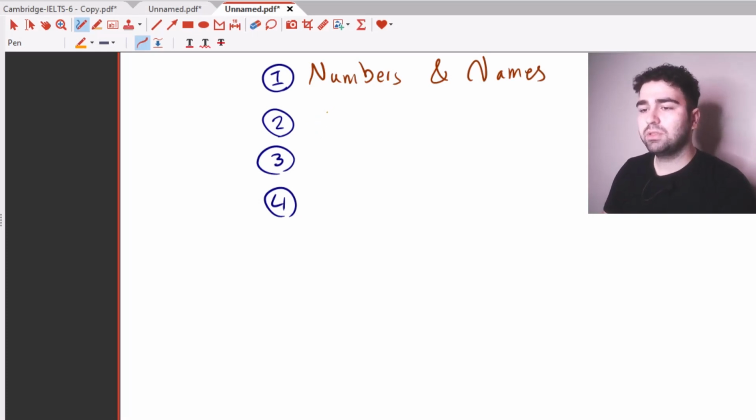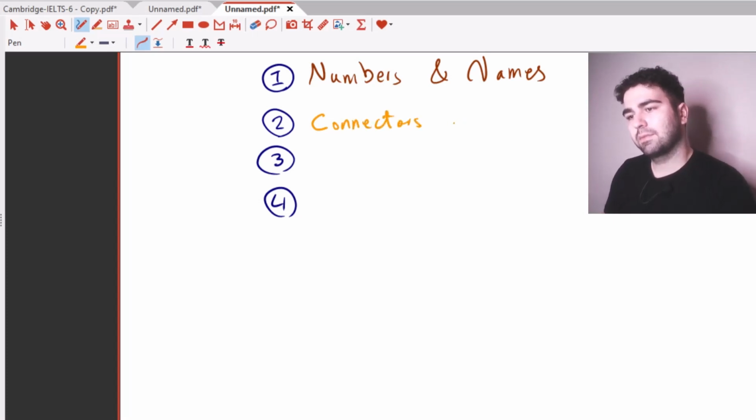The other words that should be underlined are the connectors. Connectors in text, we will learn in the writing sections that connectors help us make our text more, I can say, readable and understandable for a person.